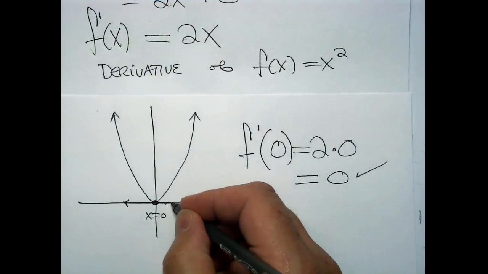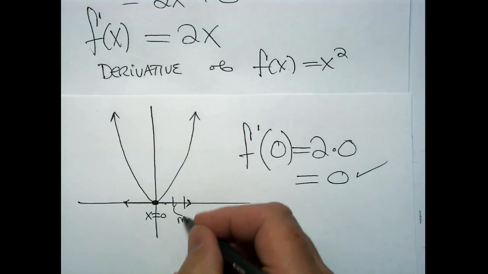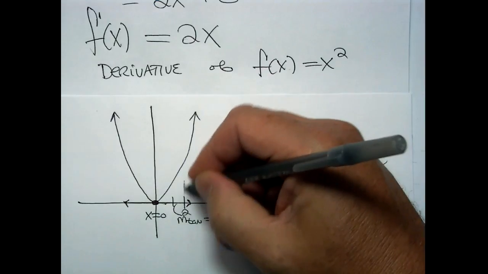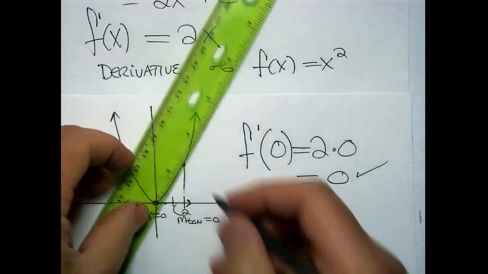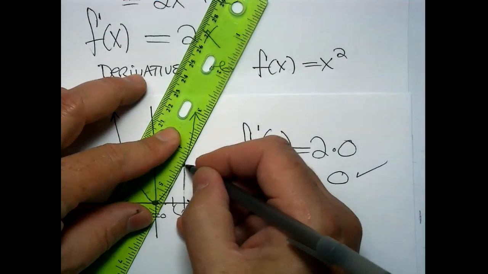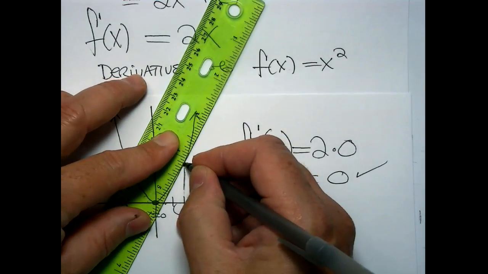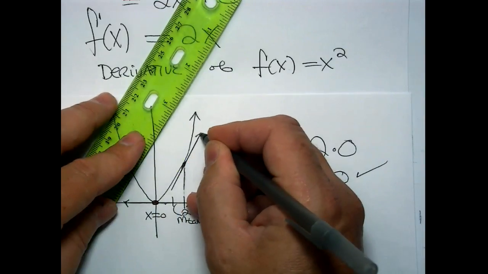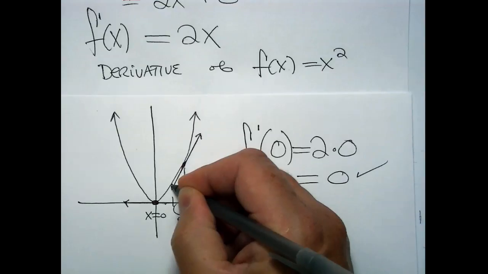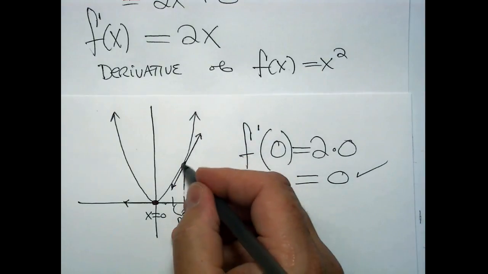Let's go elsewhere on this curve. 1, 2. Let's reach up here to x equals 2. And let's draw a tangent line to the curve. Should just touch the curve and be balanced up pretty well on that curve, but only at one point. There it is. There's my tangent line. So let's pull this one aside.